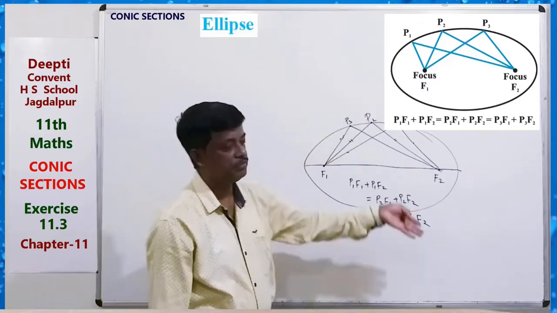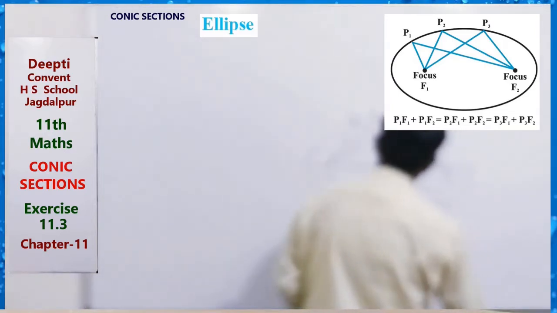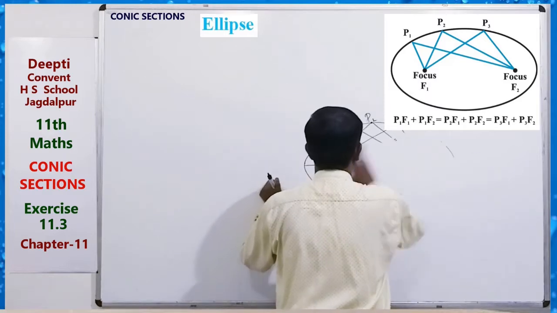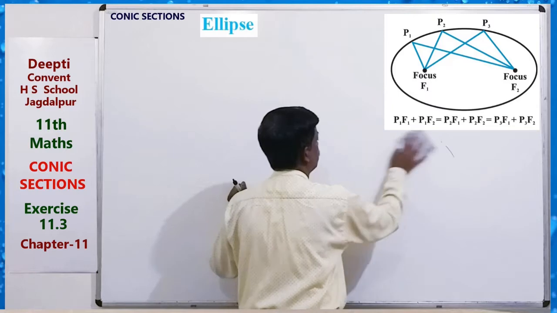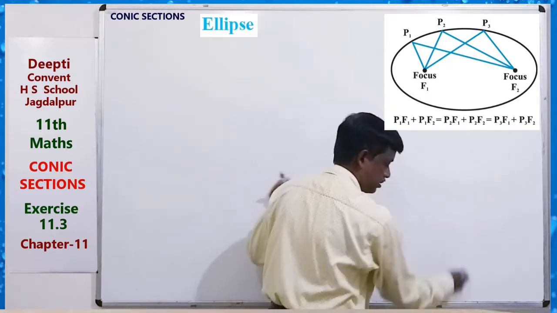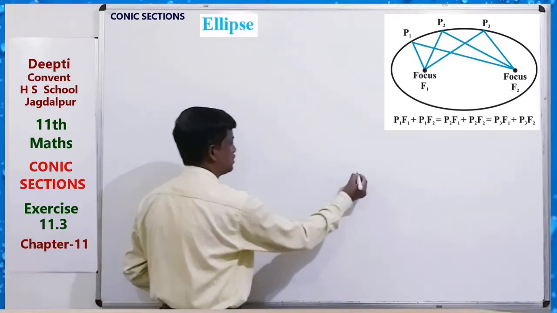Now there are different factors in this ellipse. You can see them in the diagram also. So understand what we say. The fixed points are called the focus of the ellipse. This is a point and this is a point.